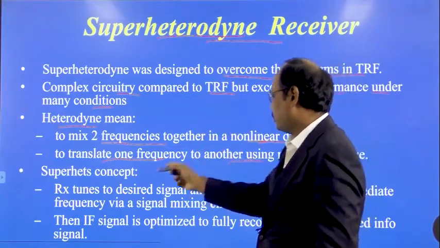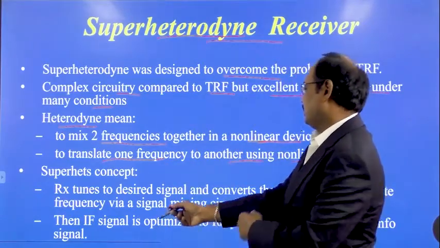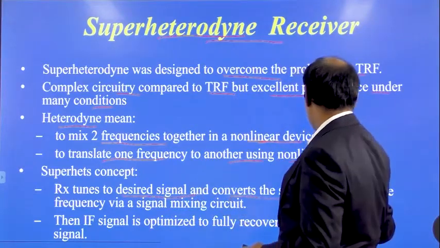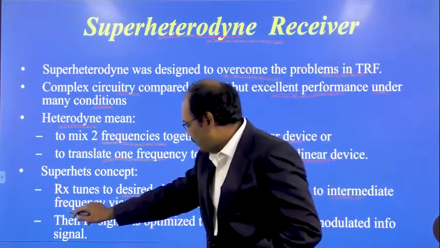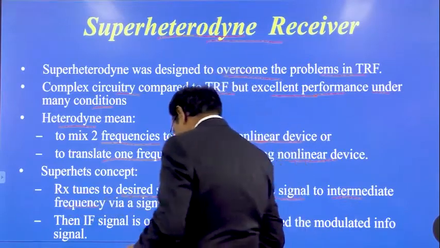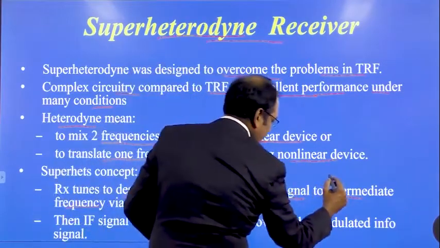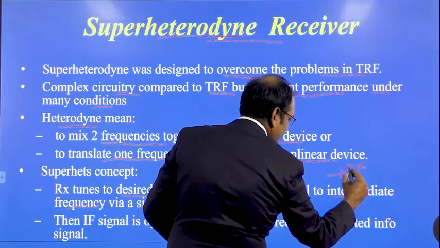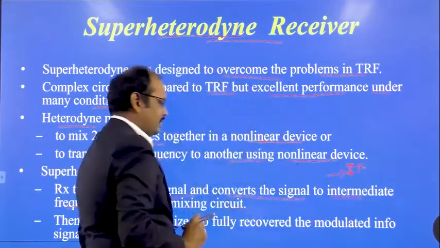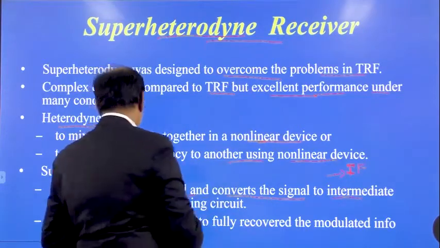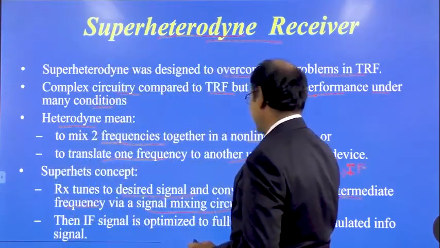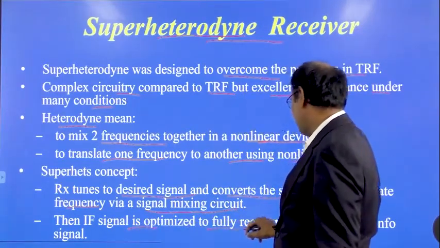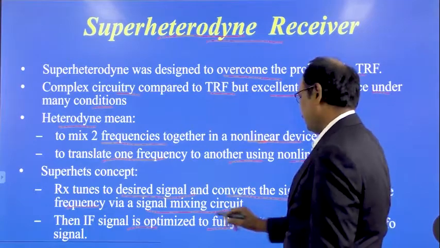And why is it called super heterodyne? The receiver tunes the desired signal and converts the signal to an intermediate frequency, IF, via a signal mixing circuit. Then the intermediate frequency is optimized to fully recover the modulated signal.